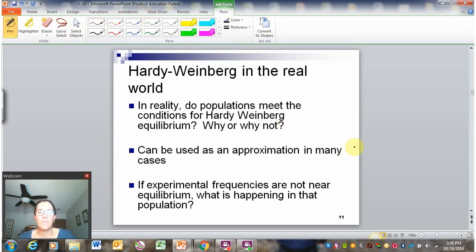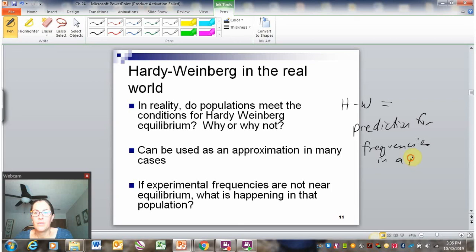One of the main uses for this, especially in conservation biology, is that Hardy-Weinberg gives us a prediction for what should happen. It might be now or how it should be in the future. So it gives us a prediction that we can then test.